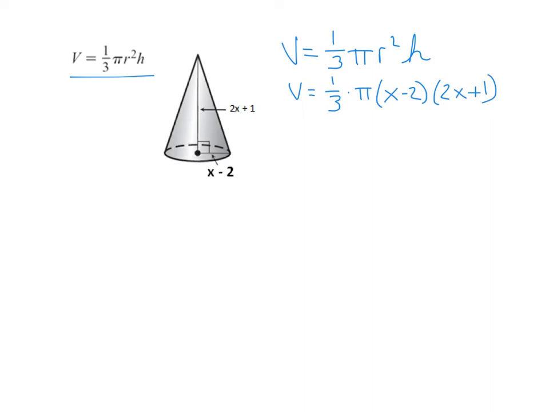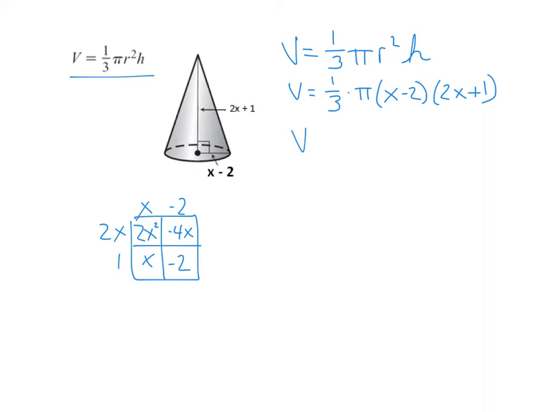Now, we need to simplify this, and I think the easiest thing right now might be to actually FOIL this first. And again, FOIL or use the matrix method I showed you on the previous screen. So for x and negative 2 and 2x and 1, we get 2x squared, x, negative 4x, and negative 2.